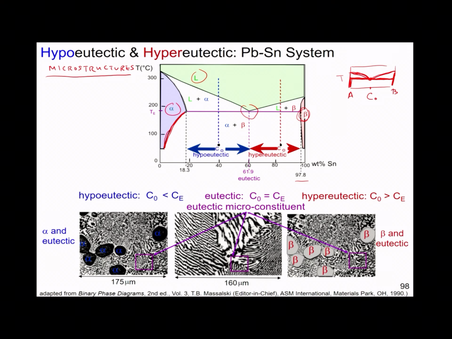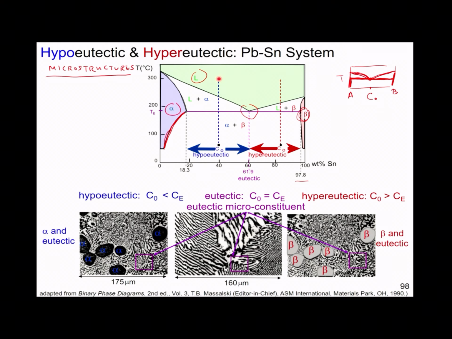Okay, here are some micrographs of the hypoeutectic region, the eutectic region, and let me switch over to laser pointer. So the hypoeutectic region, where you see primary or proeutectic alpha that comes out from this temperature.